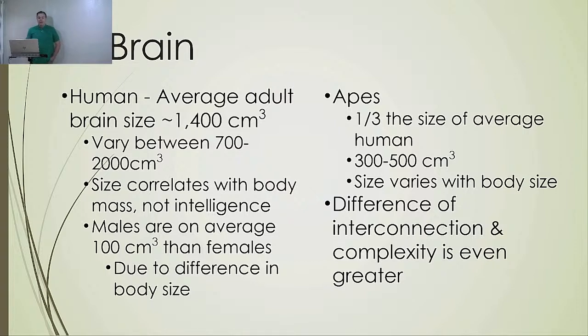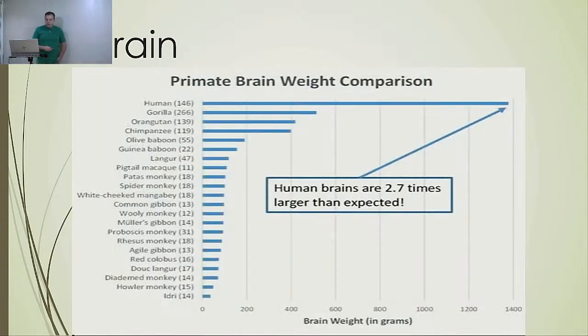Intelligence is more about the interconnection. And that is a major difference, but we're going to be focusing on the size of the brain, not necessarily what is inside the brain, because we're looking at fossils. Apes, they're in general about a third of the size of the human, 300 to 500 centimeters cubed. And again, this varies with their body size. You can see a chart here of humans and apes.